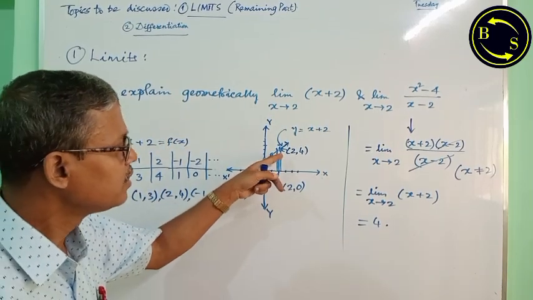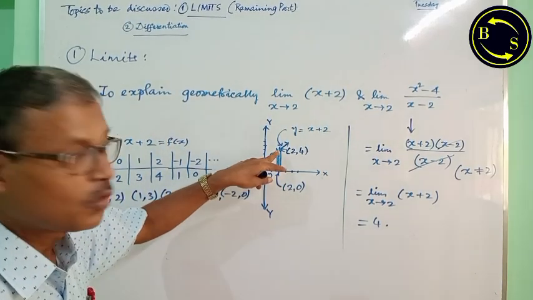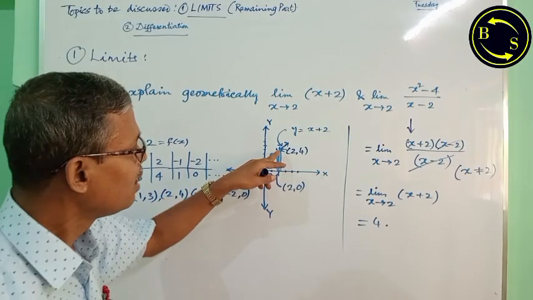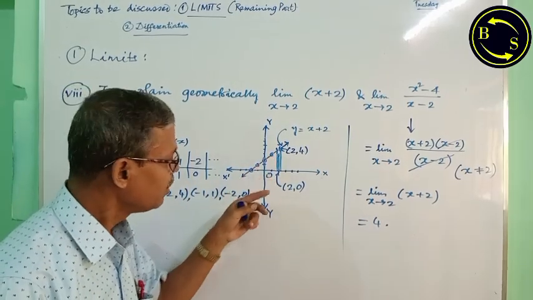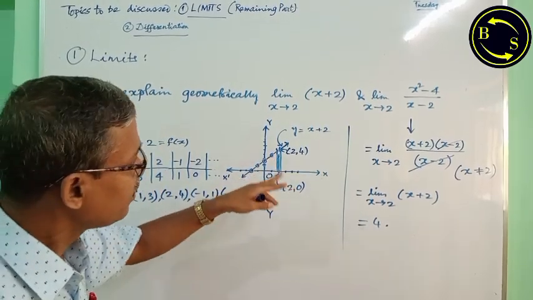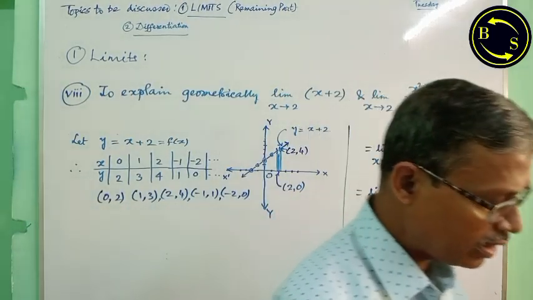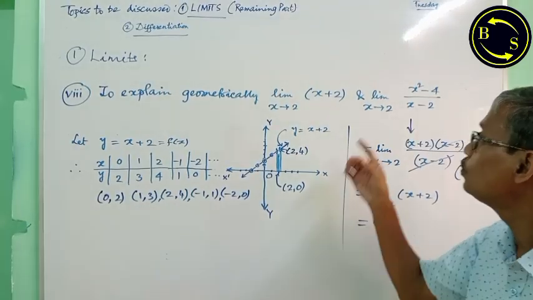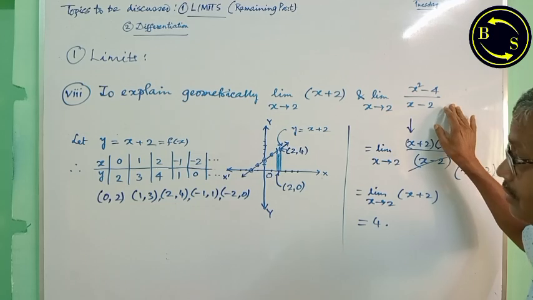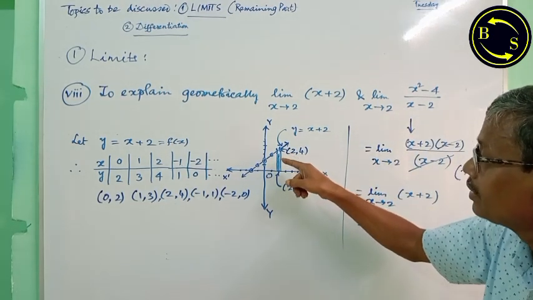I have given open brackets here. That means there is no value, or the value of (x square minus 4) divided by (x minus 2) does not exist. There is a break.